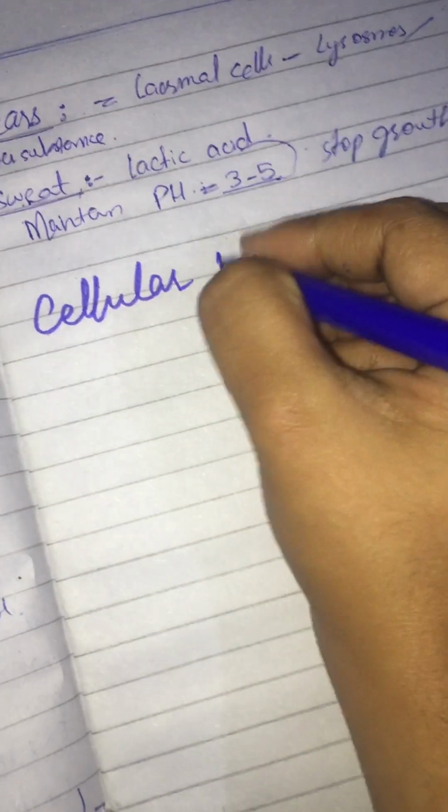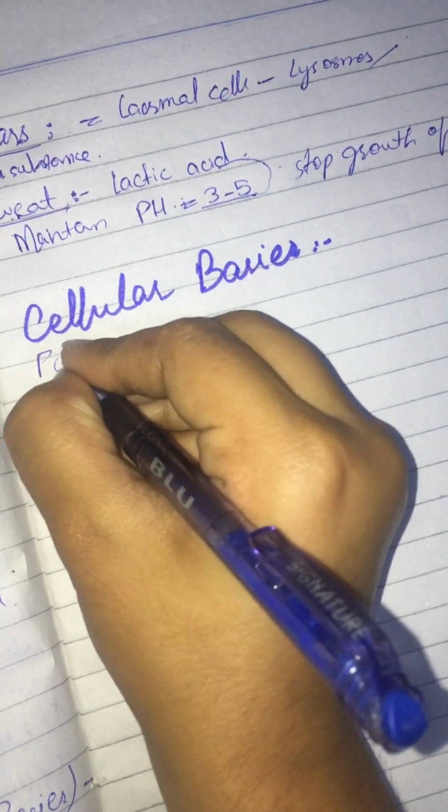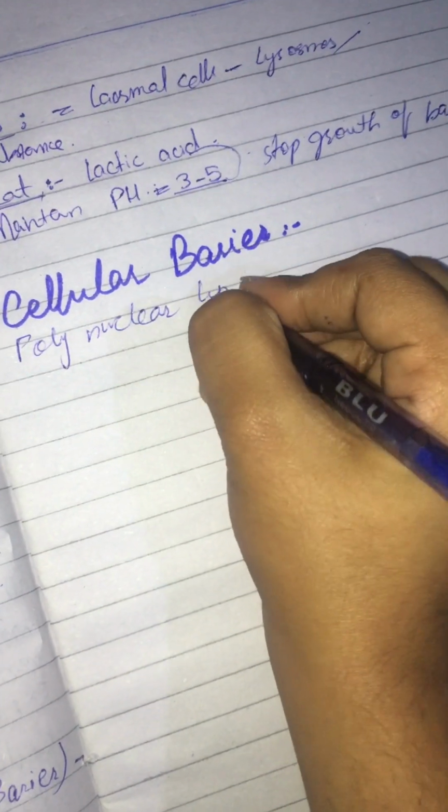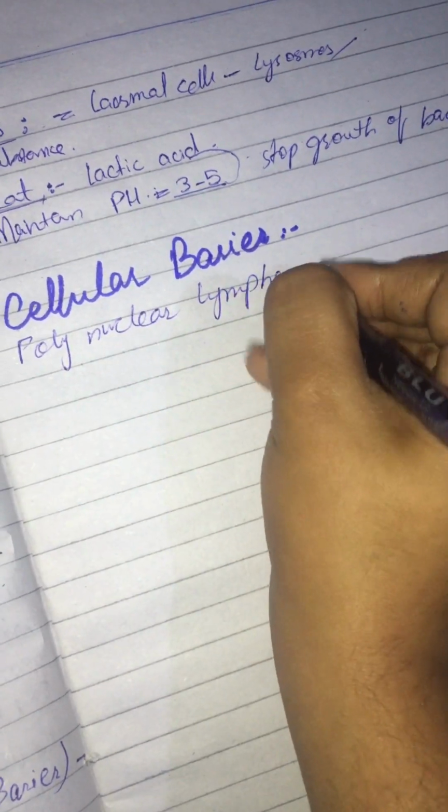Let's move to the cellular barrier. This includes polynuclear lymphocytes, which are types of white blood cells.